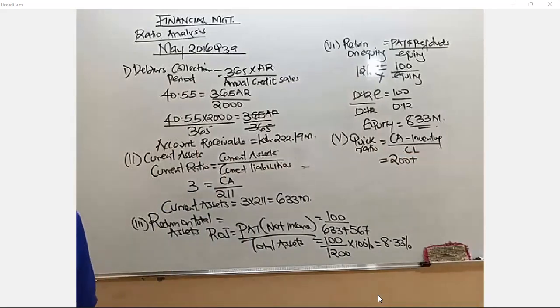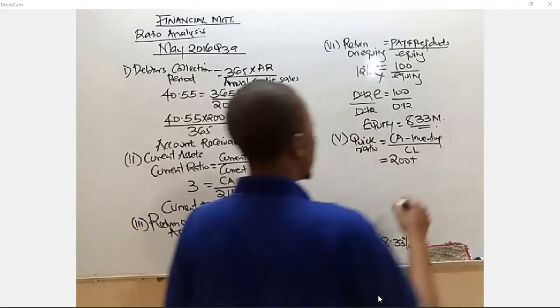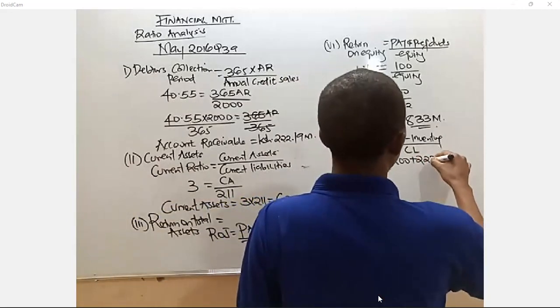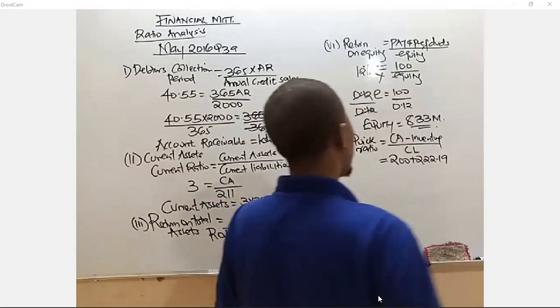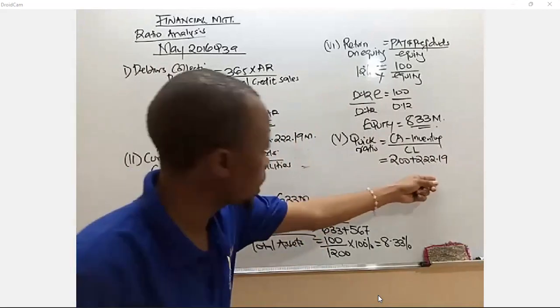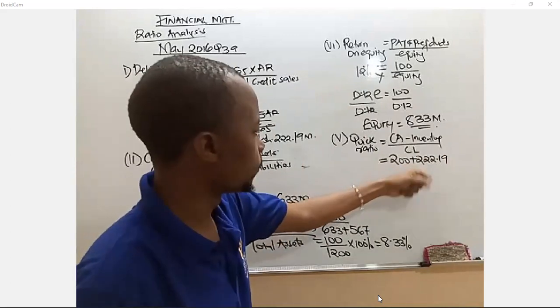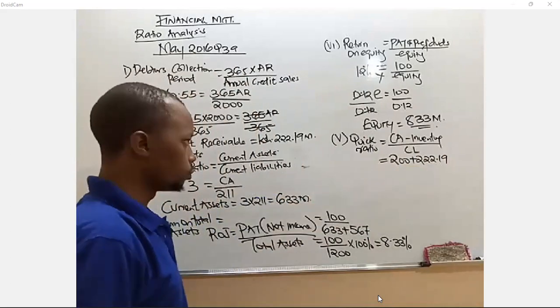When I look again at the same note, I can see an area we calculated, by the way. The accounts receivable of ours is 222.19. Then don't ask me, Mwalimu, why we are not using 633, because the difference between 633 and what we have here should be your inventory.